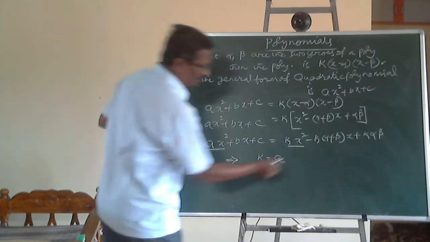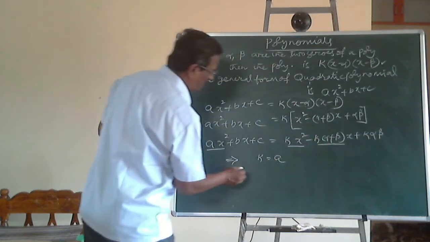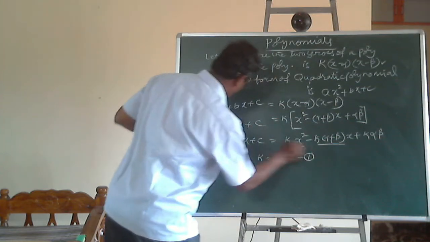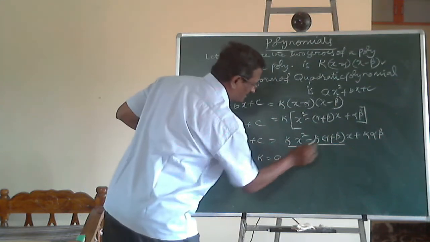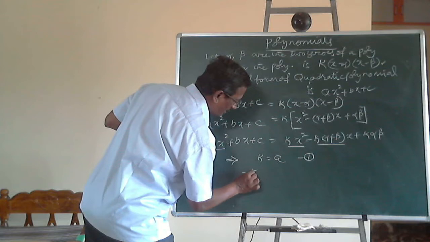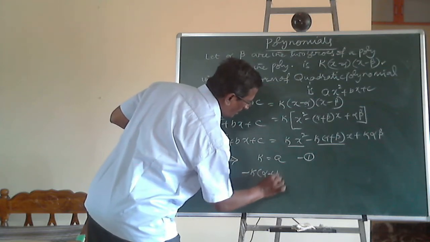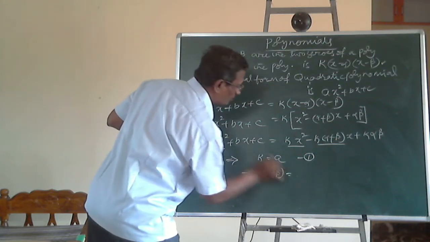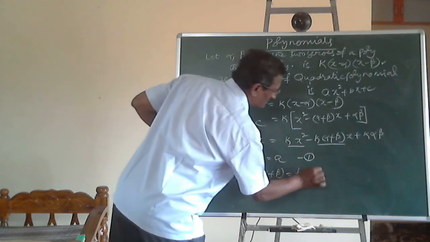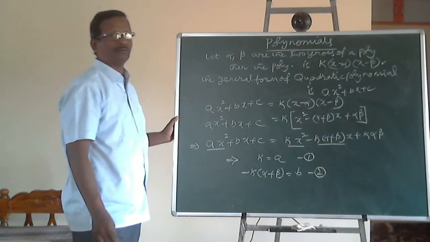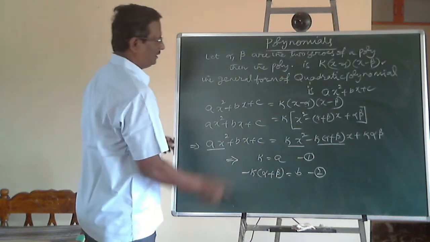Next, the coefficient of x is b, and here it is minus k into alpha plus beta is equal to b. It is the second equation on comparing the coefficients of x.